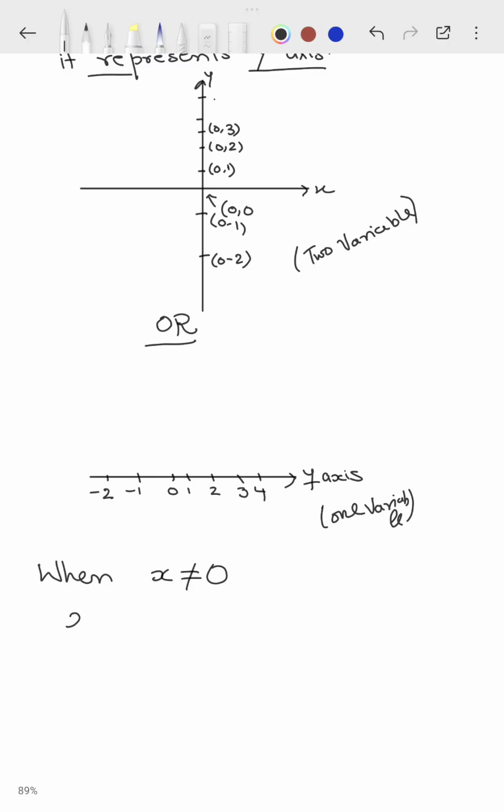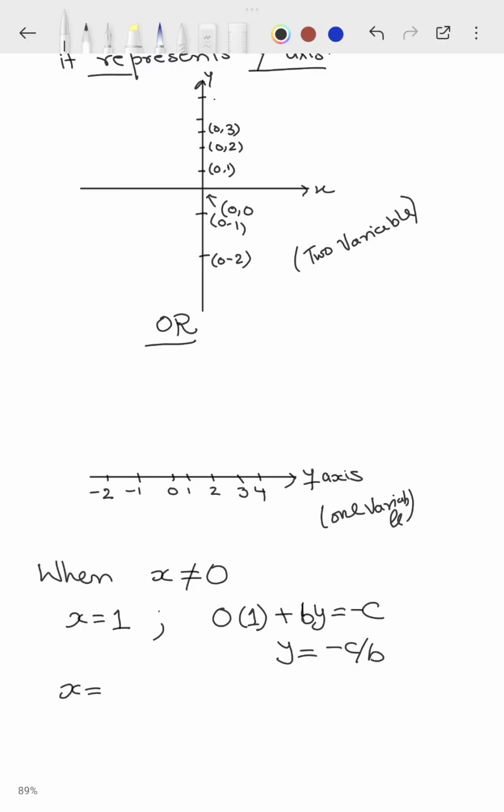That is when x is equal to 1, our equation will transform as 0 multiplied by 1 plus by is equal to minus c. So y will always be minus c by b.